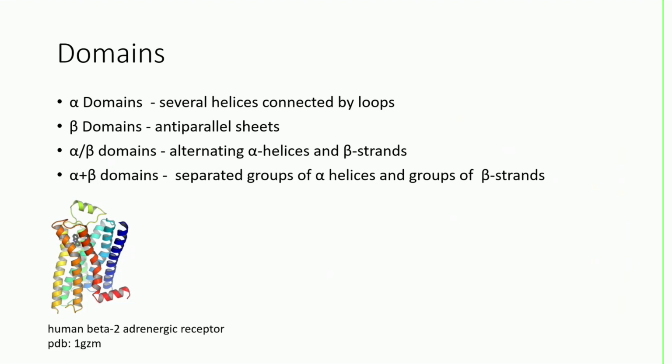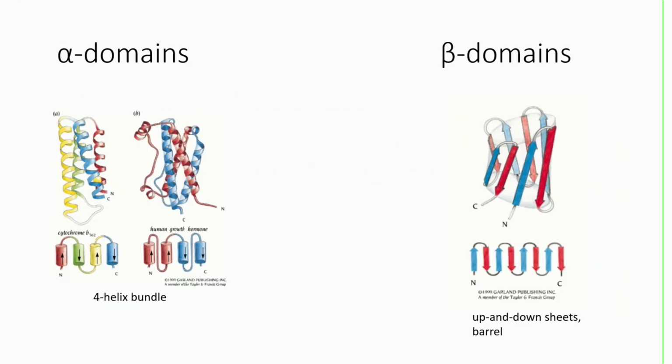So we have one example of a human beta-2 adrenergic receptor that is created only from alpha helices. So it means alpha domains. Here are some other examples, for example, cytochrome B or human growth hormone, that is a peptide.